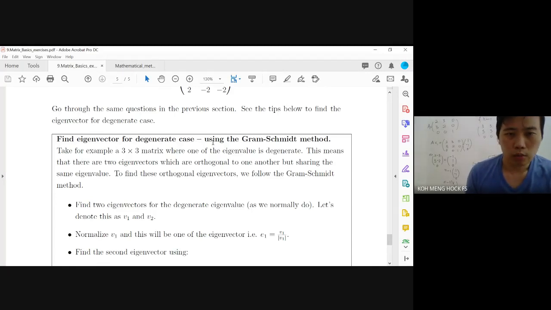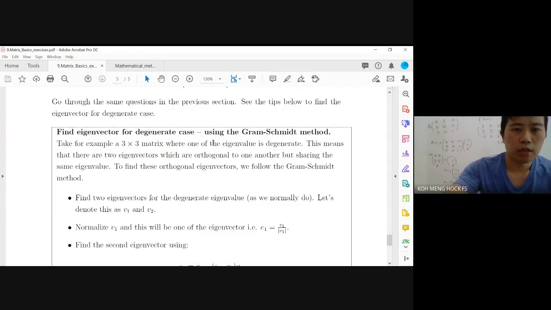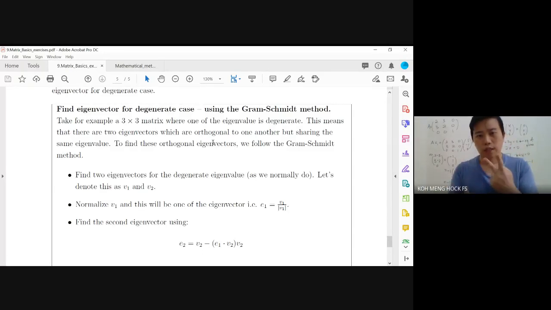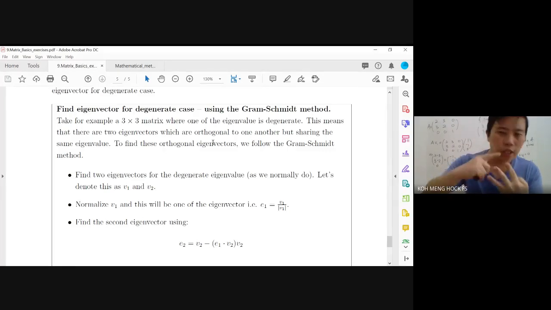To make them orthogonal, you first find the eigenvector for the eigenvalue that is not degenerate, and then you find another eigenvector for the case with degeneracy. So now you have 2 eigenvectors, one degenerate and one non-degenerate. You want to find the third eigenvector for the degenerate case.